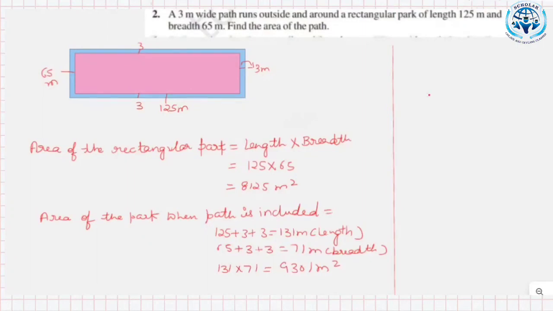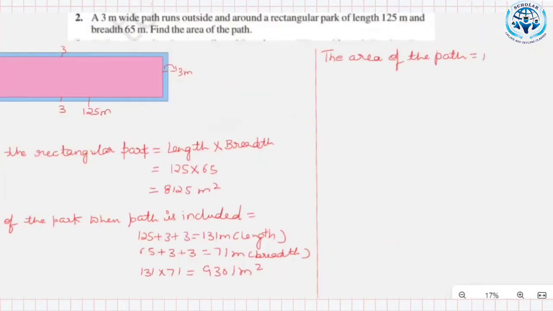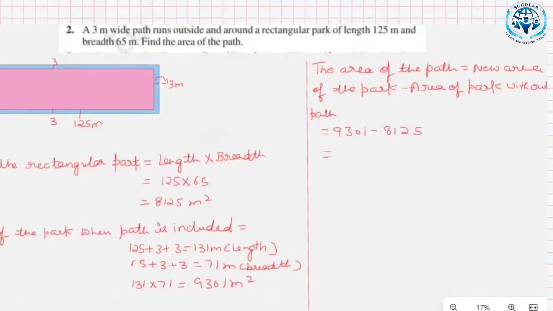So now what will we do to find the area of the path? Yes, we will subtract both. 9,301 minus 8,125 is equal to 1,176 meters square. It is the area of the path.